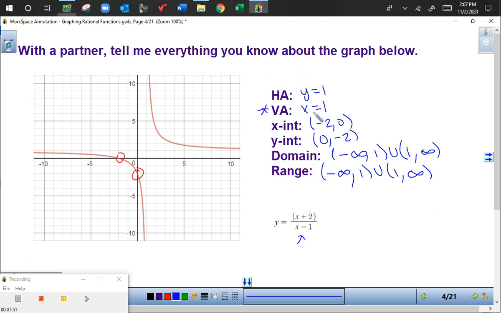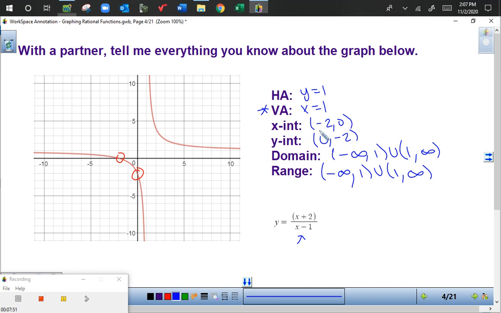Okay, because vertical asymptotes are by definition restrictions in the domain, and they tell us what x values don't work. So if I plug in a 1 here, I get 1 minus 1 is 0. That's a problem because we can never divide by 0. Okay, so vertical asymptote is directly tied to the denominator, what causes it to be 0.